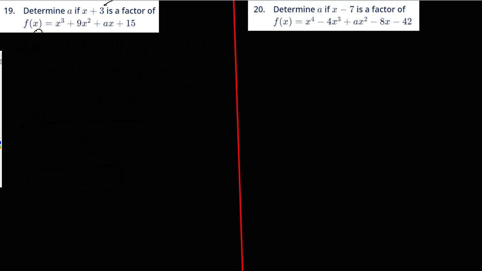Trying to determine if something's a factor, that means: is negative 3 plugged in going to equal 0? And so we wouldn't know a when 0 is equal to negative 3 cubed plus 9 times negative 3 squared plus a times negative 3 plus 15.